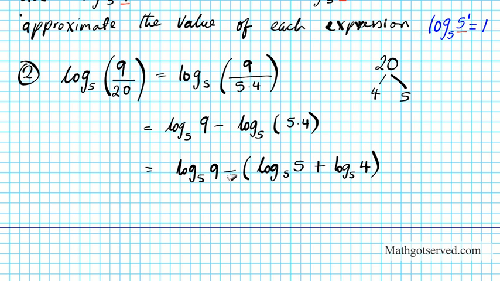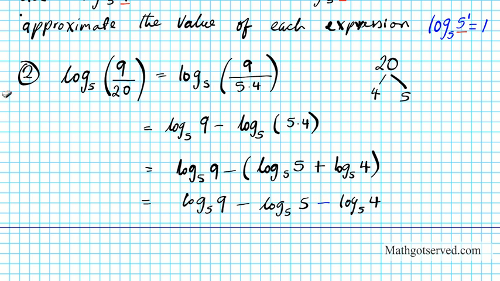Now I'm going to distribute this negative to both terms. So this becomes log base 5 of 9 minus log base 5 of 5 minus log base 5 of 4. You notice how I distributed this minus to this plus, it changed the plus to a minus.